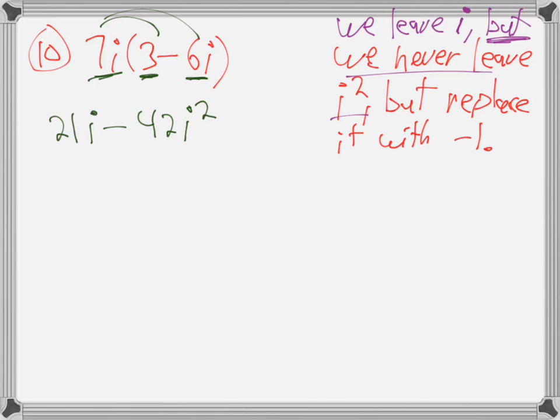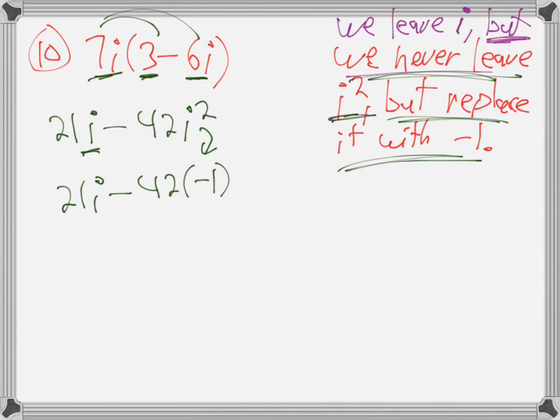So far, so good? That was just normal multiplication, right? But the regular i we leave, so that'll just stay 21i, no big deal there. But what do we do with i squared? Negative 1. We never leave i squareds. We replace them with negative 1. So that's 21i plus 42.